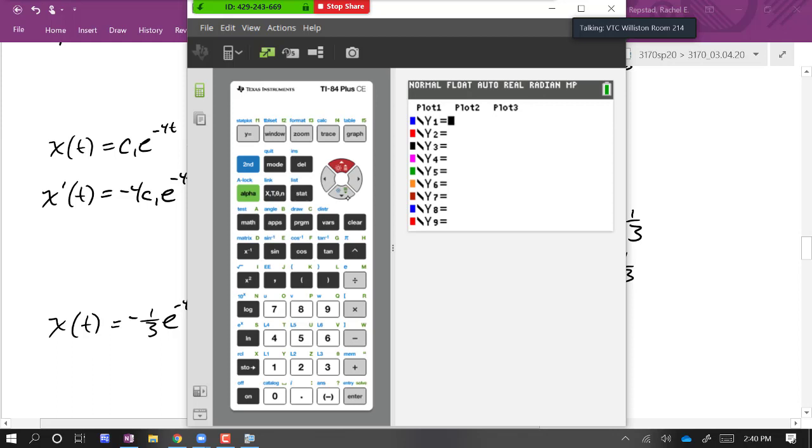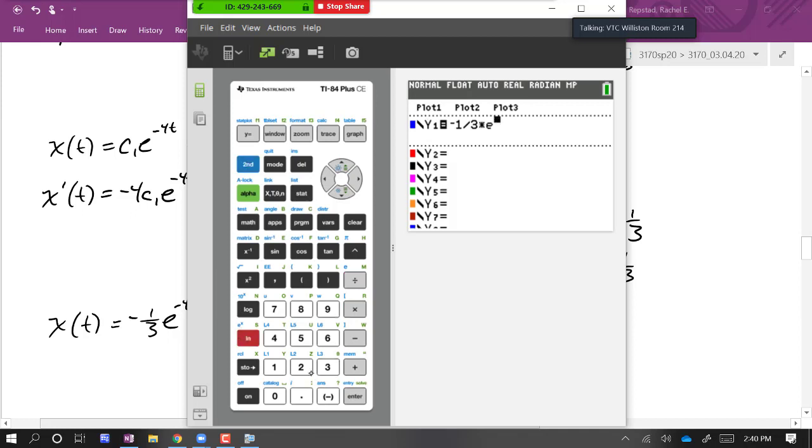So we're going to graph y as a function of x here. So what do we have? Negative 1/3 times e to the negative 4x, plus 4/3 e to the negative x.